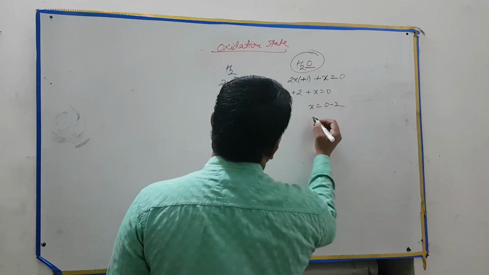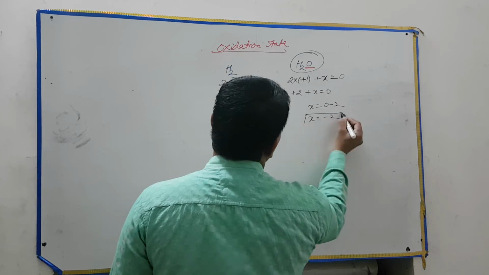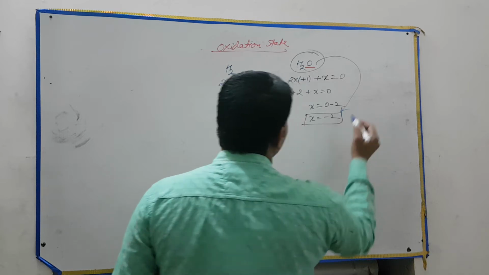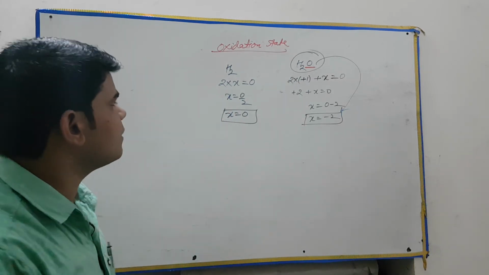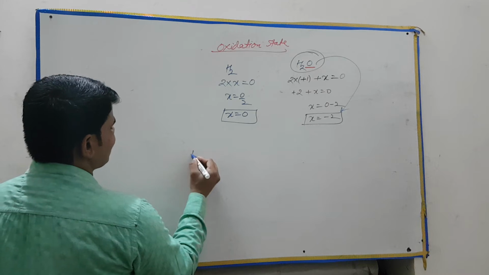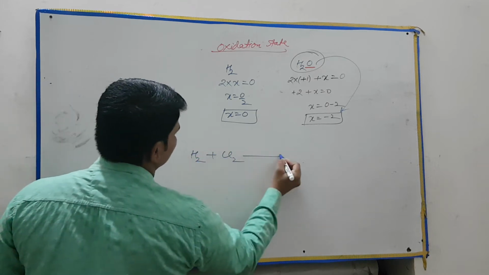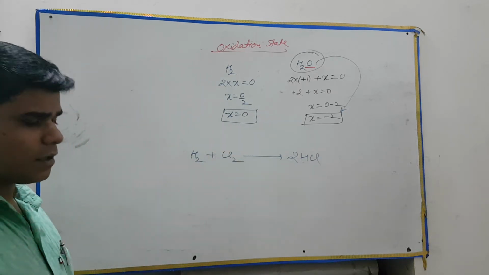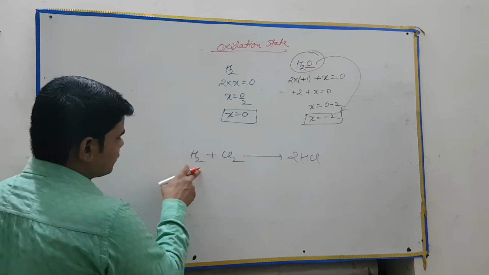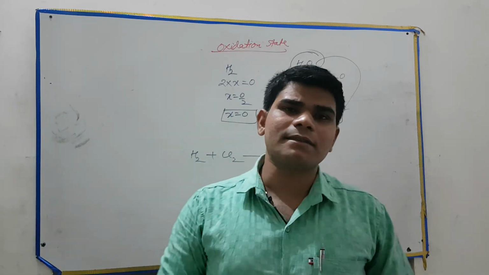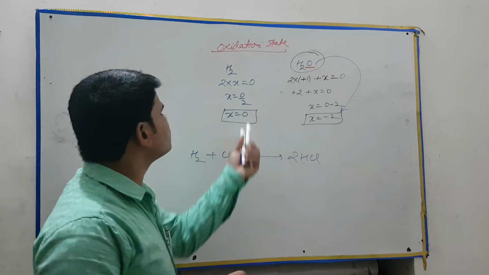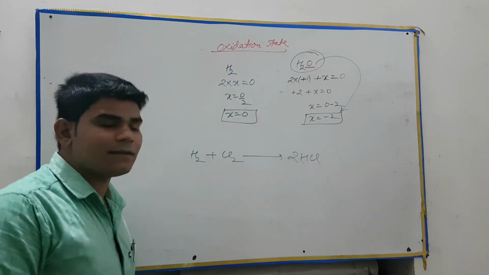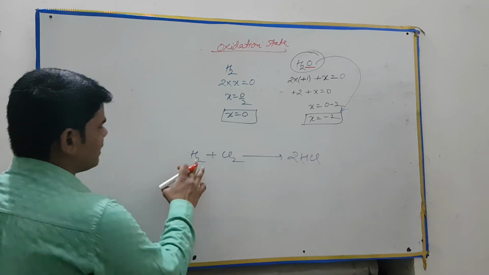Now in the reaction H2 plus Cl2, which forms 2HCl, a single-element species has oxidation state 0, even if more than 2 atoms are there.